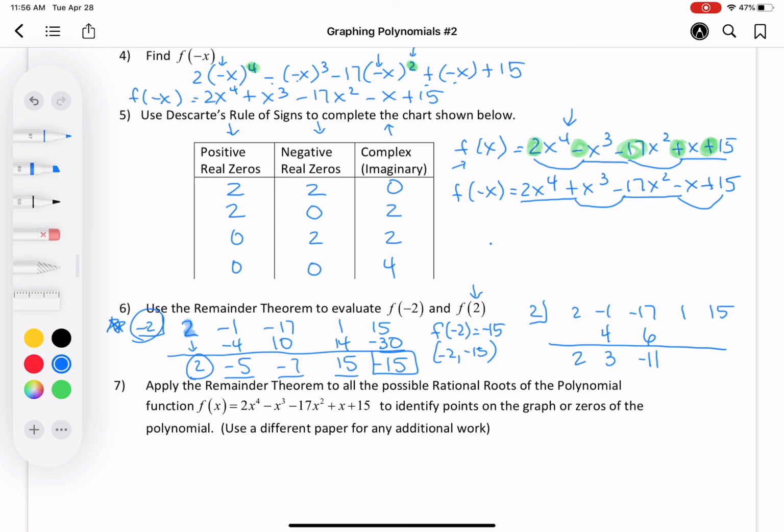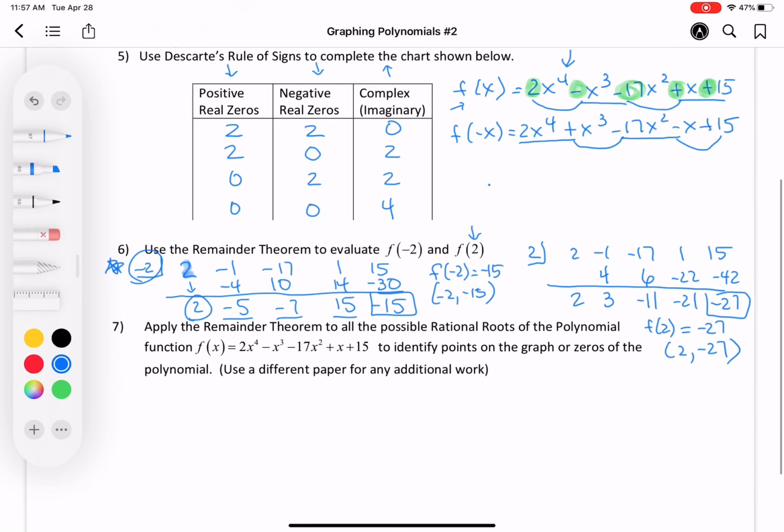Negative 11 times 2 is negative 22. This is negative 21. Negative 21 times 2 is negative 42. And then I add, which gives me negative 27. So this also means that when I evaluate my function at 2, it should give me negative 27. So I can write this as an ordered pair.